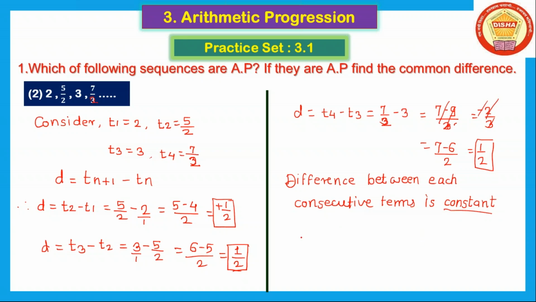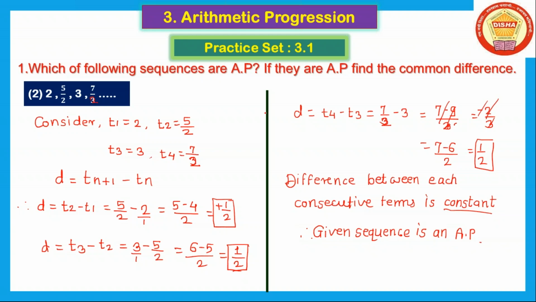Okay, difference is constant. Therefore, the given sequence is an AP.